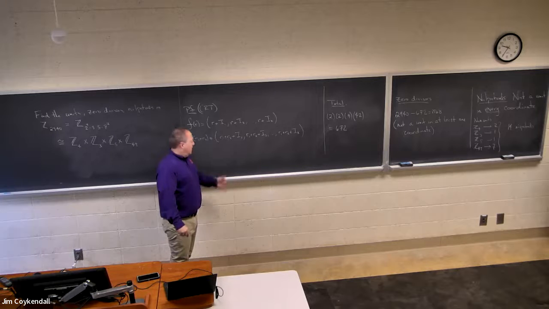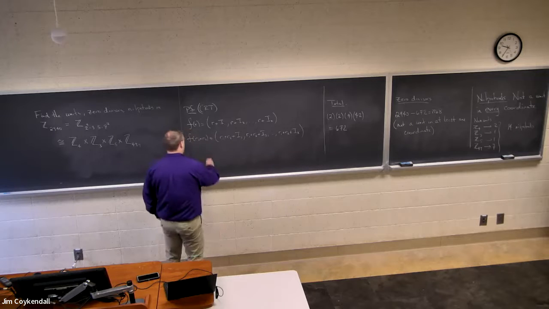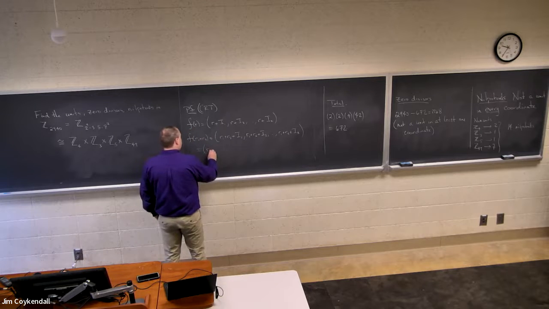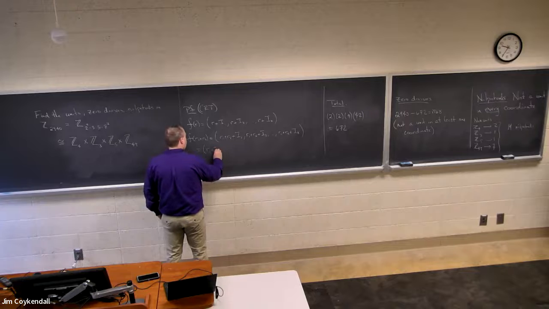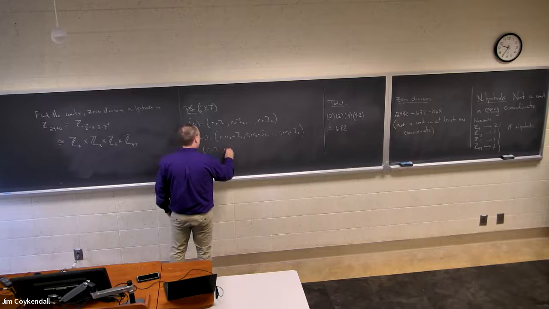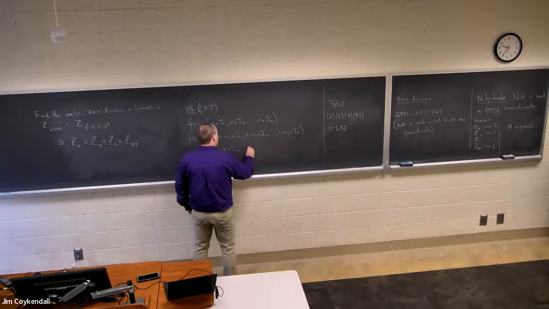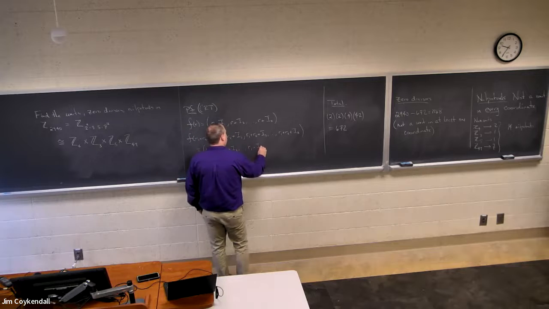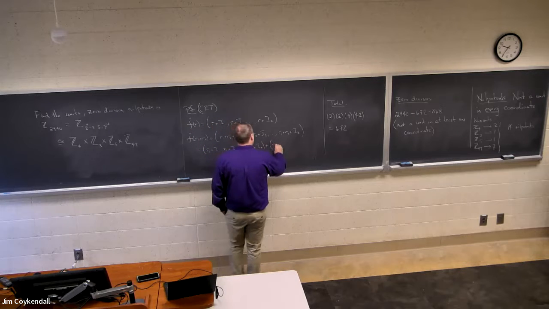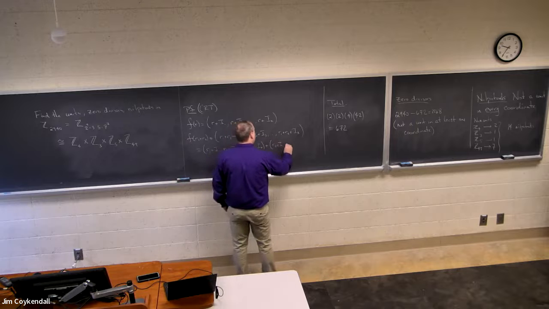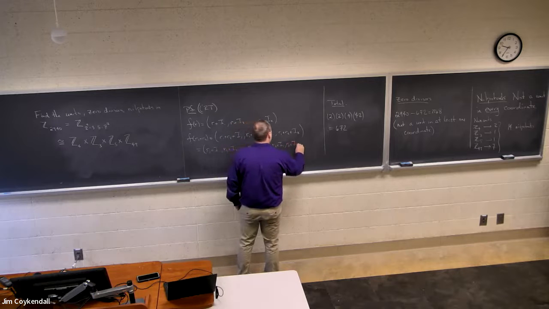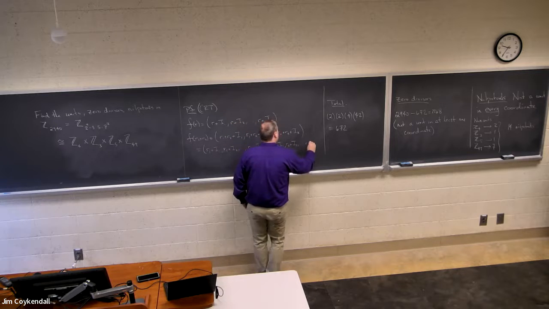Because of the way that direct products and coset substitution work, this is R1 plus I1, R1 plus I2, R2 plus I1, R2 plus I2.